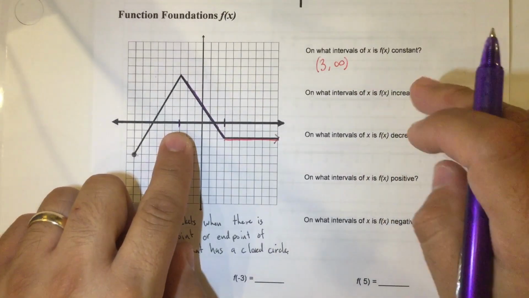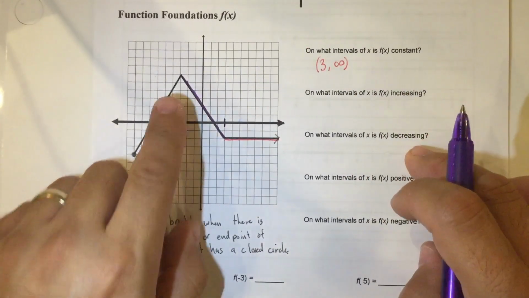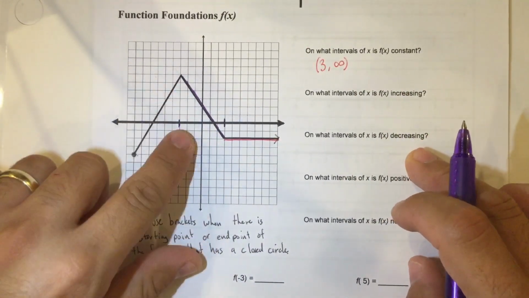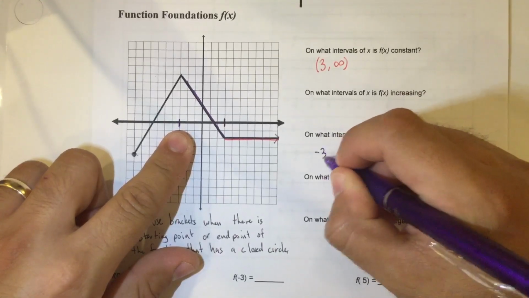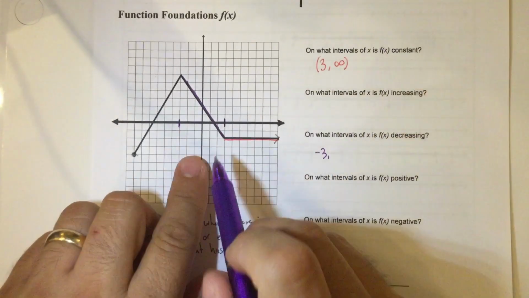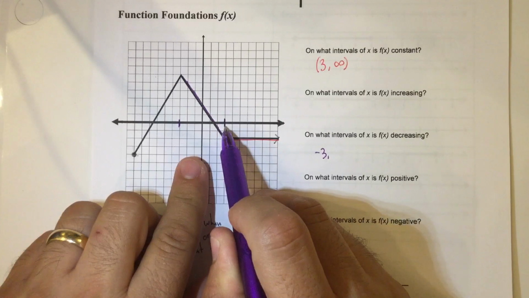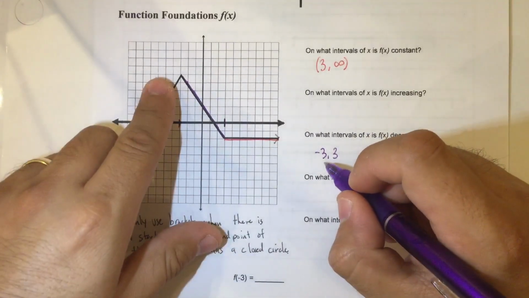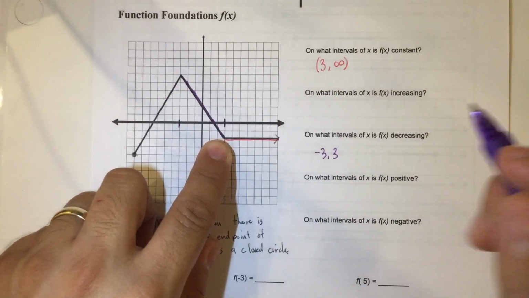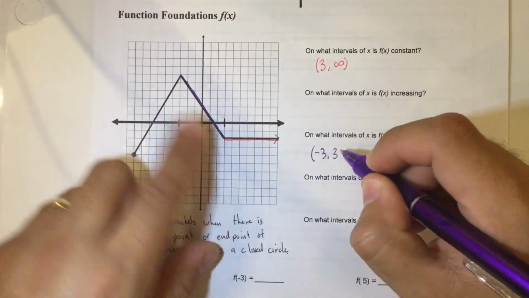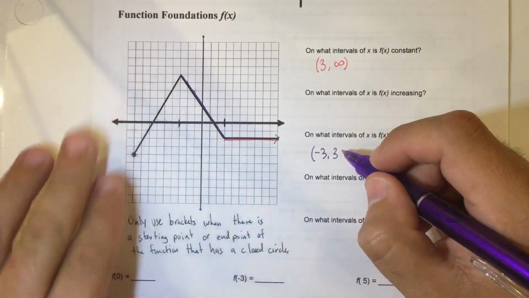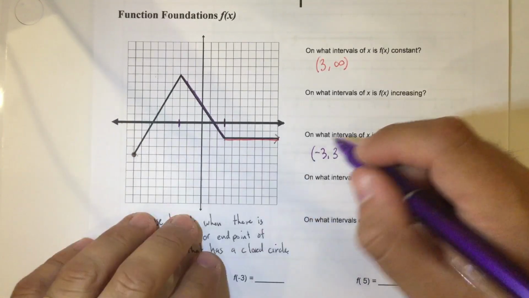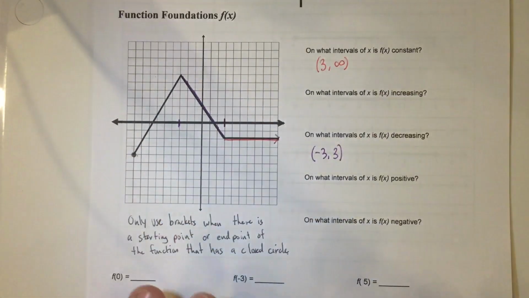Oh, sorry, I'm doing increasing, I'm doing decreasing, I'm sorry. So it's decreasing from -3, and it stops decreasing down here, but when we go up to the x-axis, it's 1, 2, 3. So it decreases from -3 to 3 in terms of the x-axis, and since there's neither a starting or ending point for this, because it's not the beginning of it or the end of it, we just use parentheses.